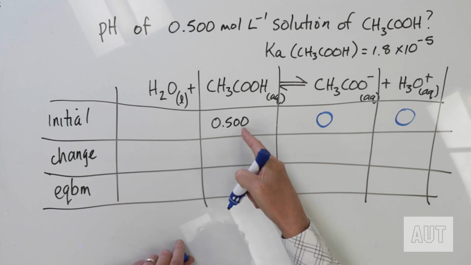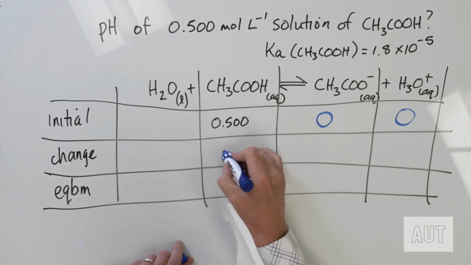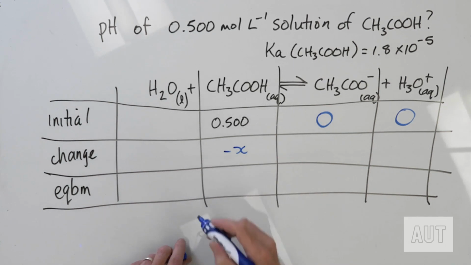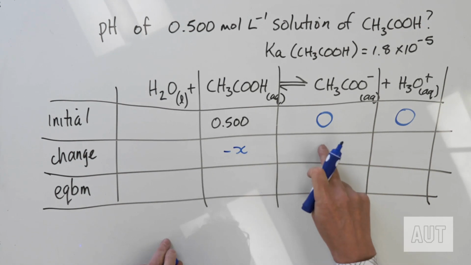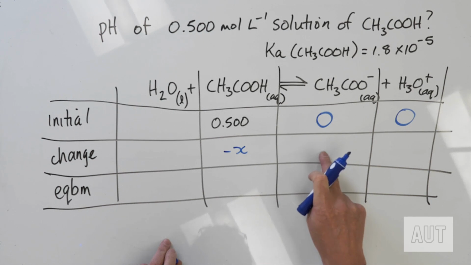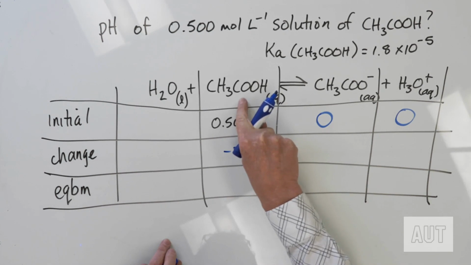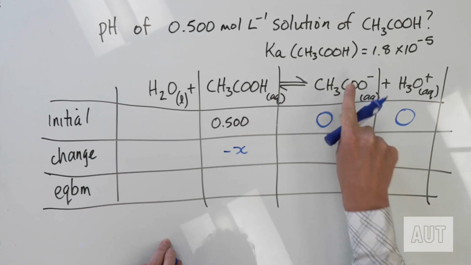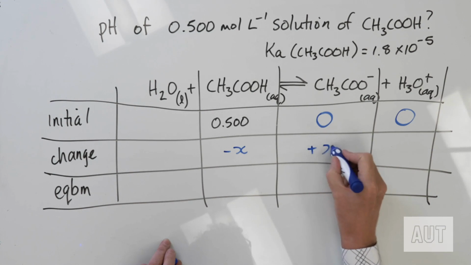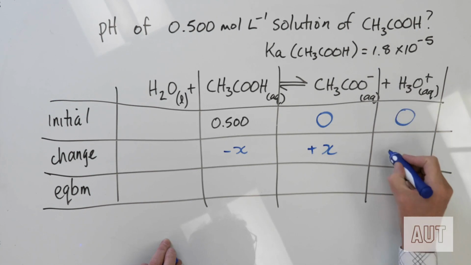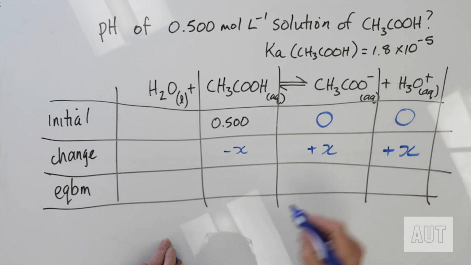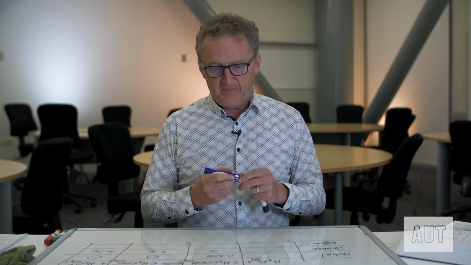So therefore, the concentration of this is going to change a little bit, and it's going to change by what we're going to call -x. And the concentration of this from the stoichiometry, if this goes down by an amount -x, this must increase by an amount +x. And again, from the stoichiometry, 1 to 1, this must also increase by +x.